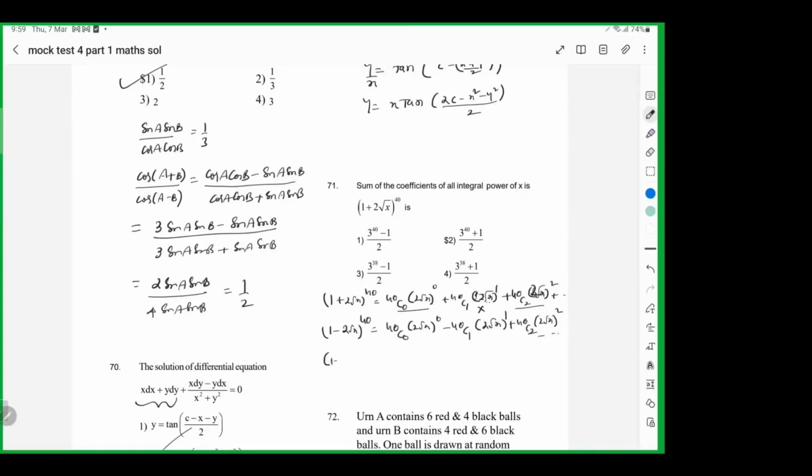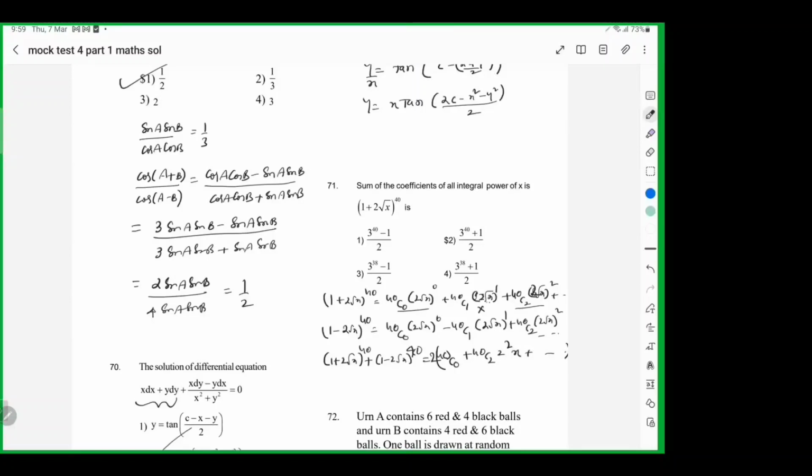So I'm adding these two. 40 c naught plus 40 c2 into 2 square x like this.